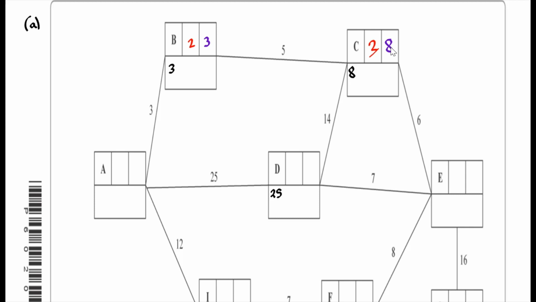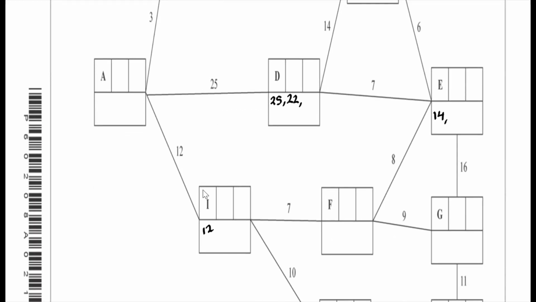Okay, now from C to D, 8 plus 14, you'd find that to be 22. C to E, 8 plus 6, that's 14. And that's all we can complete for now.